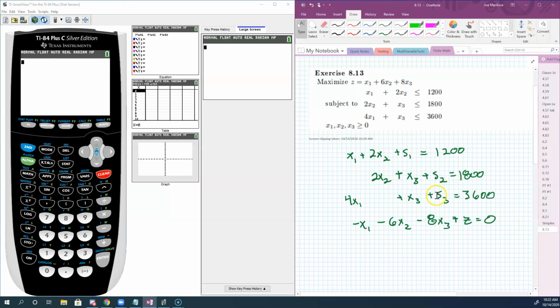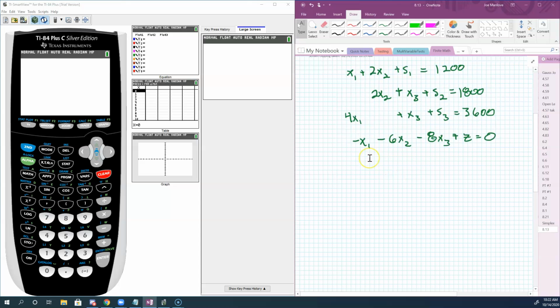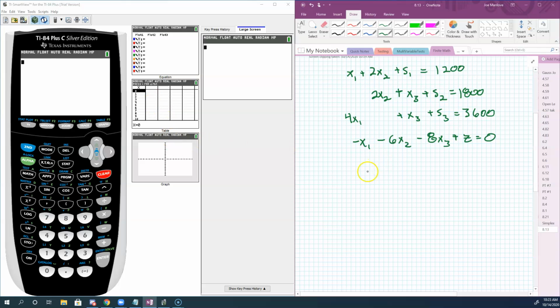Okay, so now I need to stick this whole thing into a simplex table. And just for organizational purposes, I'm going to put the variable names down first. So I have x1s, x2s, x3s, not x4s.